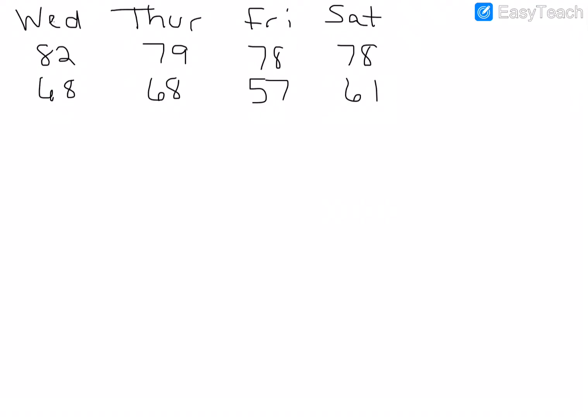Okay, so you would have to add all of these numbers up. So one quick way we could do that is add each row here, and then add those 4 numbers.